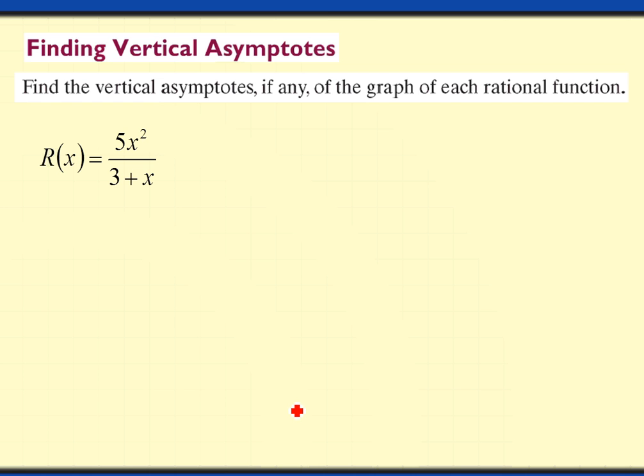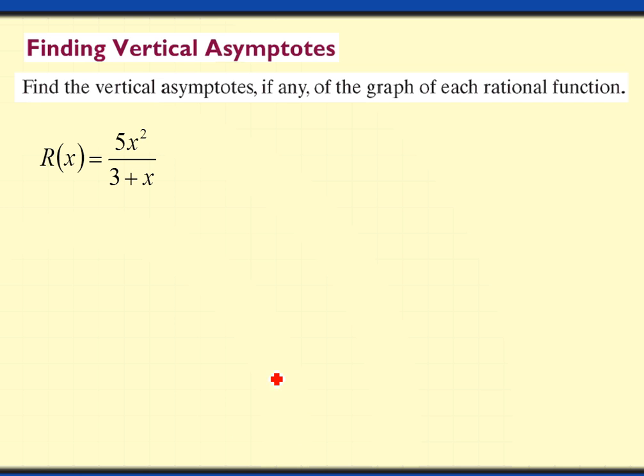So all we have to do is look at the denominator of the function, decide what x values cause it to be 0, and then we know that the vertical line through that value is a vertical asymptote. And vertical lines are given by the equation x equals a constant. Remember, horizontal lines are y equals a constant.